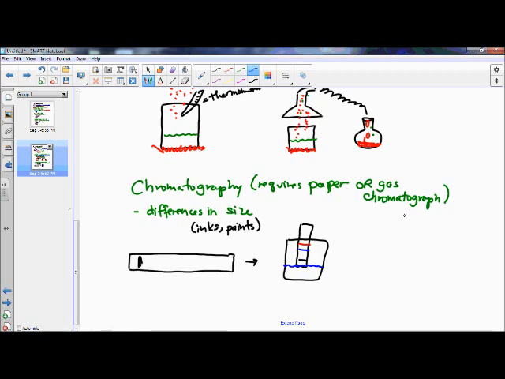The chromatograph has to be attached to a detector, and the detector has ways of determining the identity of the substance. A gas chromatograph is really helpful in a lot of forensic applications, because the question is, I have this mysterious stuff on the dead guy's shirt. What is it? You can take a little sample to a gas chromatograph, and it will separate out the particles and tell you what the particles are. Then chemists know that those compounds are commonly found in a particular substance, so they can identify what it is.